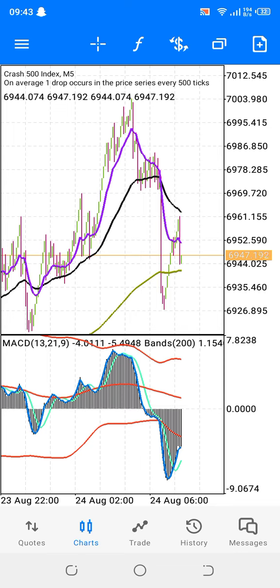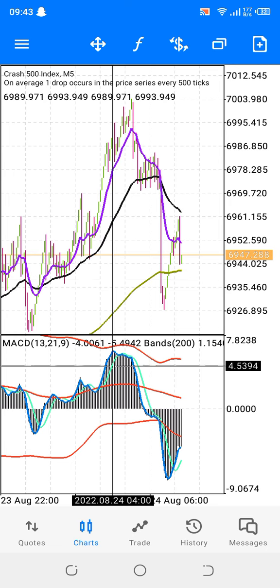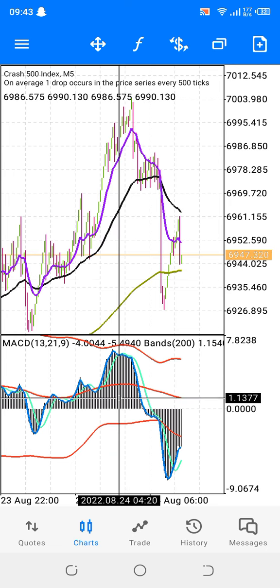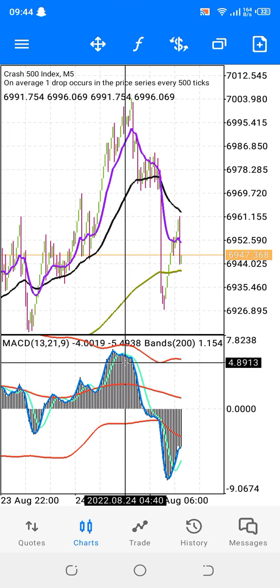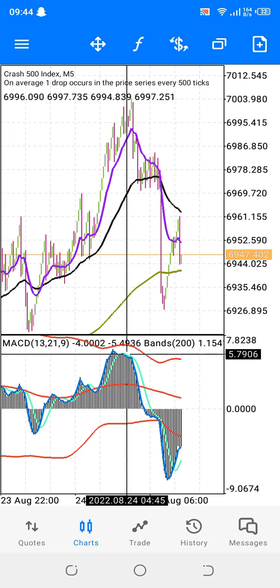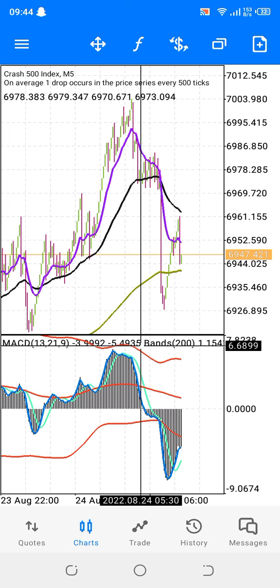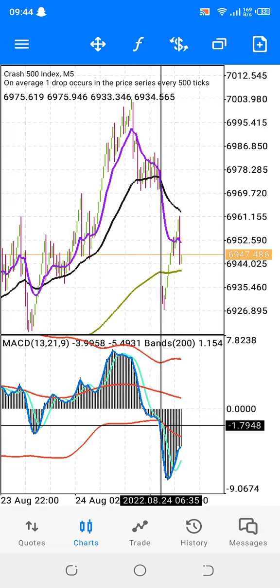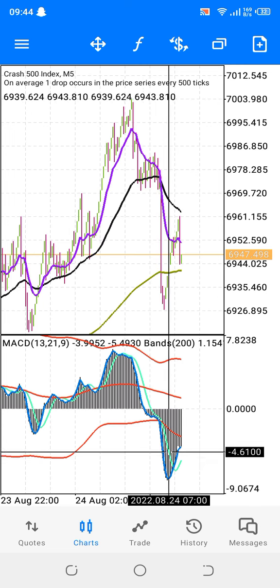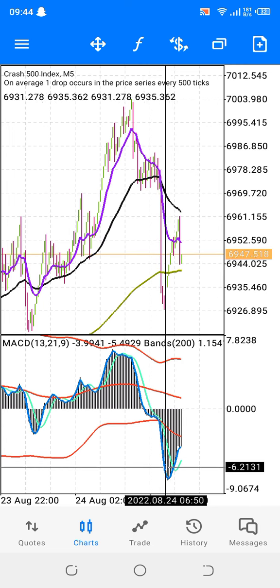So this is how it works. My MACD is the one in black and white, those zebra things. This is the MACD. And the red ones here are the Bollinger Bands, and then my moving average is the blue one.